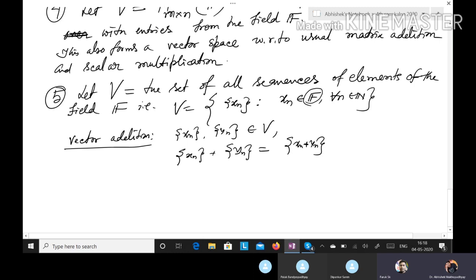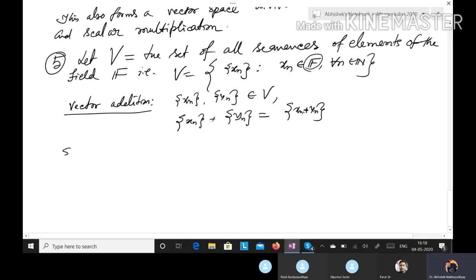Every time you need to remember all these things. That is, this plus is from the field F. Although these two notations are the same, you need to remember these things separately.